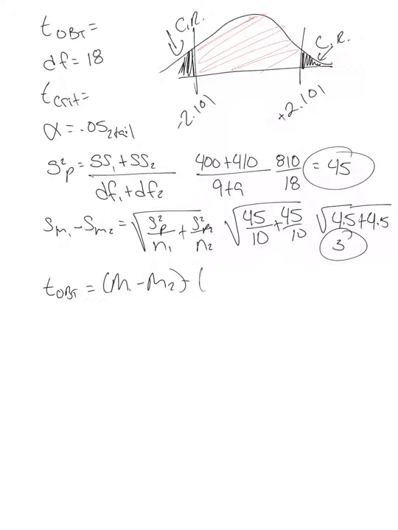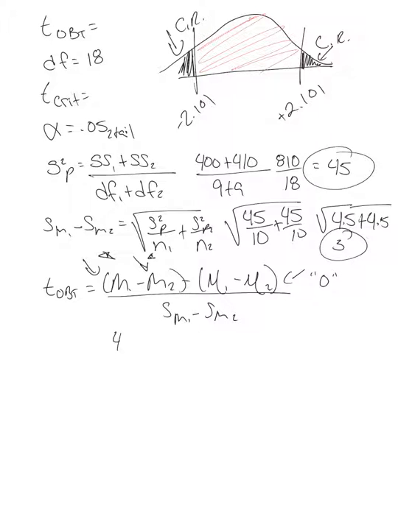Okay, so it's supposed to go mu1 minus mu2, all over this large one that we had just found. Like I said, this one right here is always 0, so you won't write it out, just assume that that's 0, but these two means right here we definitely need to have.